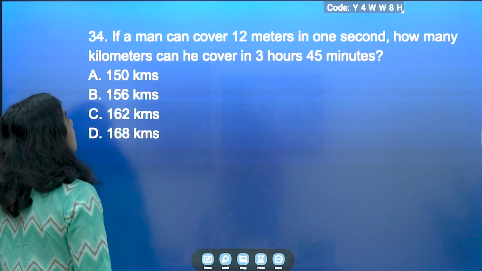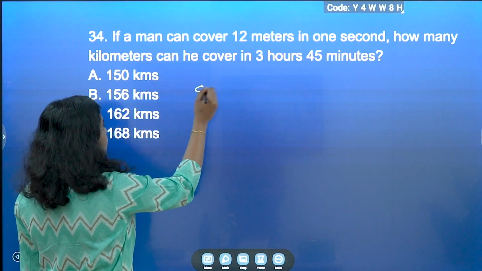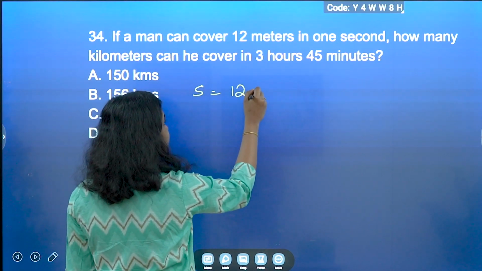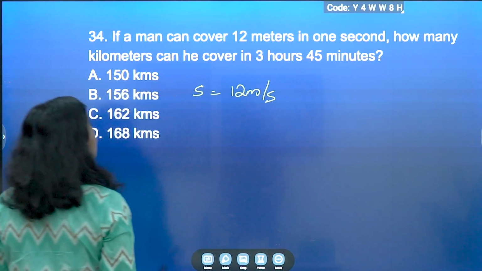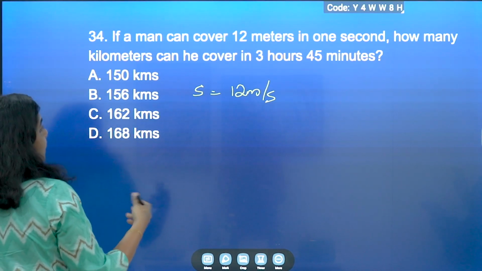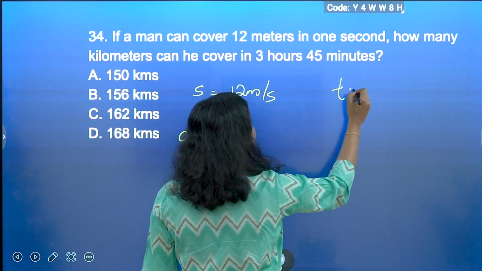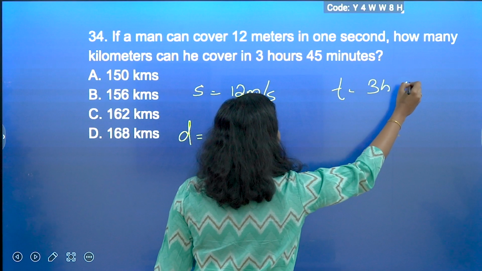Okay, now so yeah, speed is 12 meter per second and you have to find out the distance. Okay, you have to find out the distance and the time given is 3 hours 45 minutes.